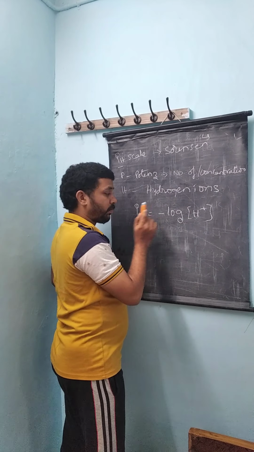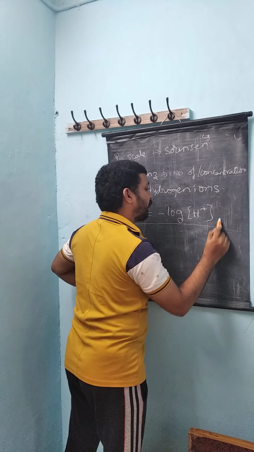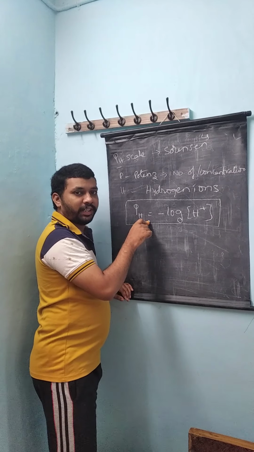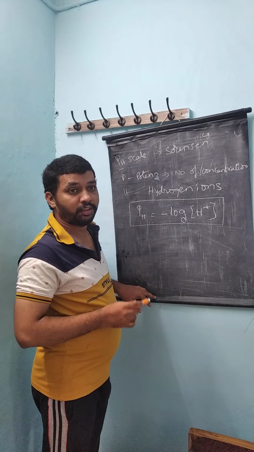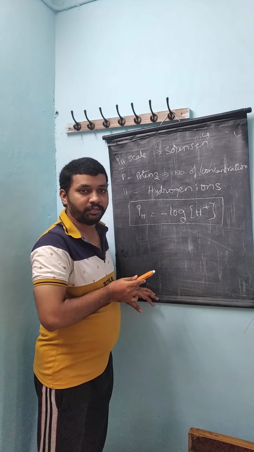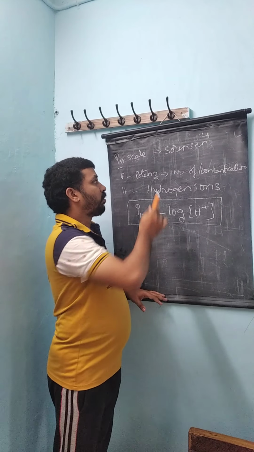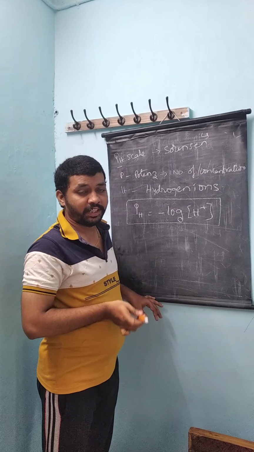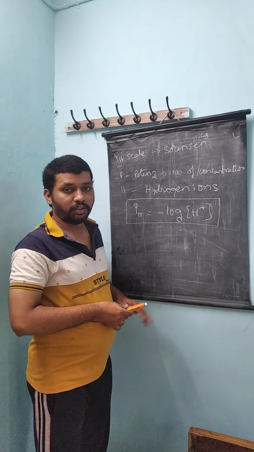If we place OH minus ions, it indicates a base. It is the generalized formula to identify the strength of an acid or base. By using this formula, Sorensen invented the pH scale, and based upon that scale we can easily identify the strength of an acid or base.